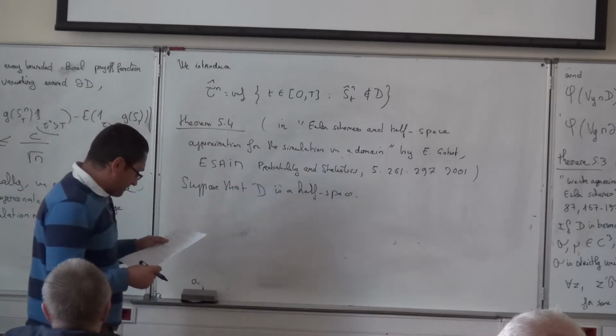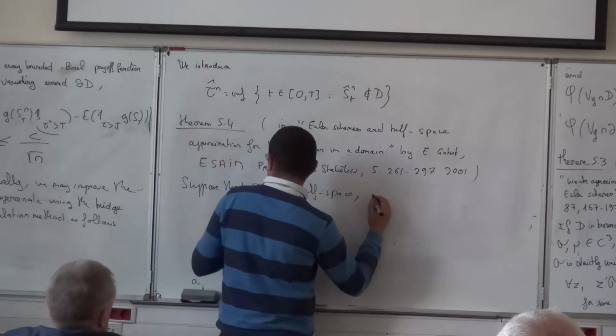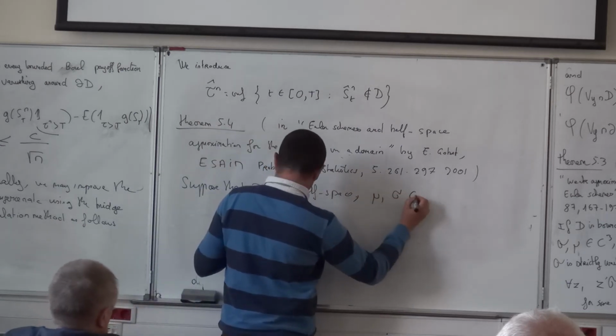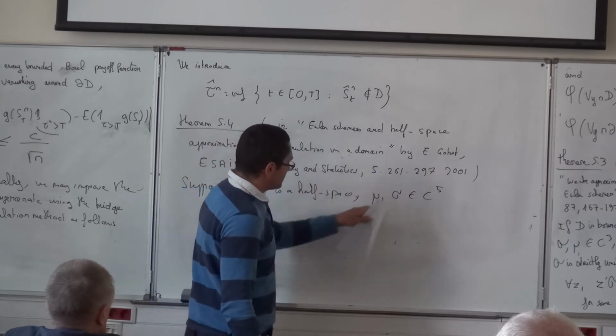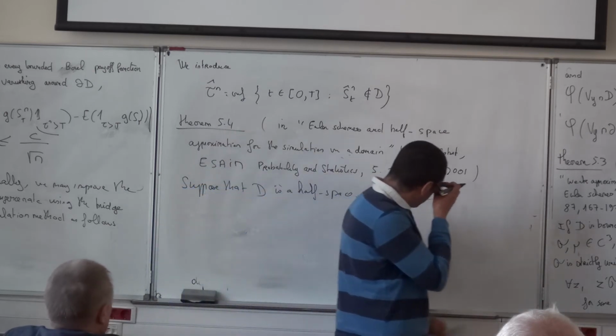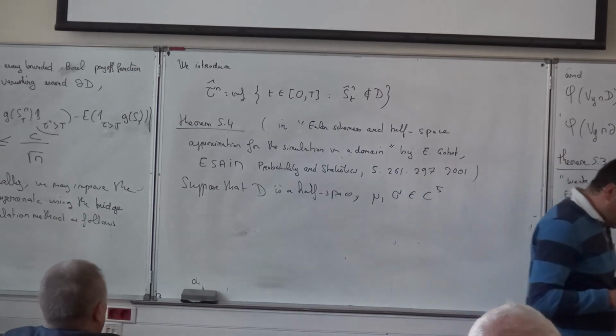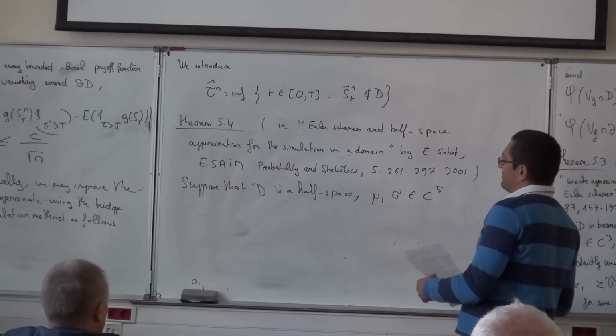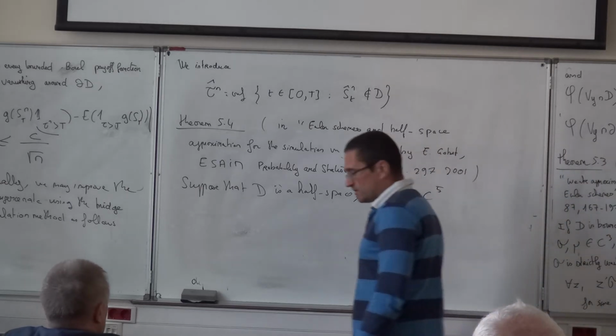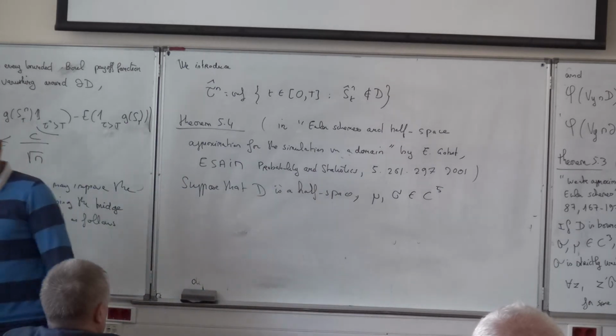And then suppose that mu and sigma belong to C5. Of course, it's very restrictive, but actually I think we can extend this maybe by approximating these relations, but that's not so clear.